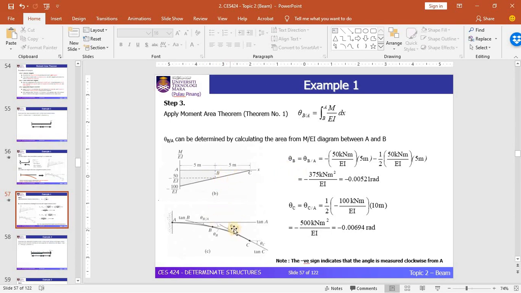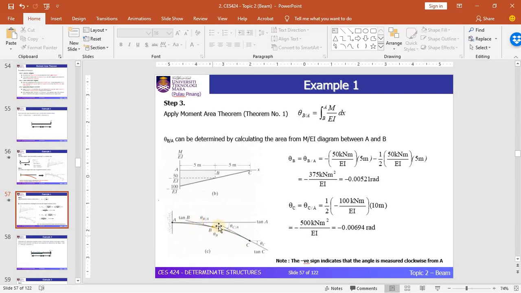Based on this elastic curve diagram, you can see that theta B is equal to theta BA. Basically, theta B cannot be calculated unless you relate theta B to theta BA based on this elastic curve diagram. In other words, you can't identify theta B without this elastic curve diagram.